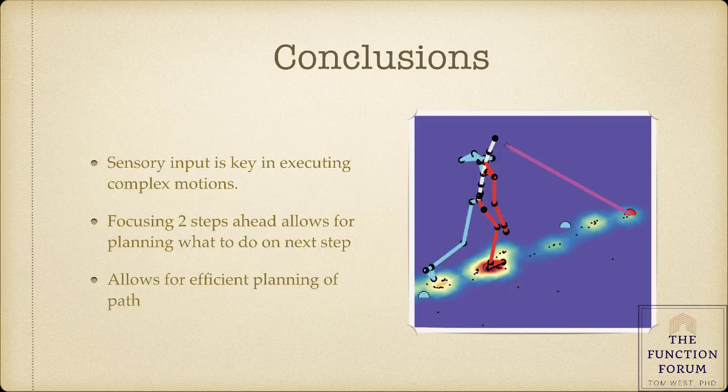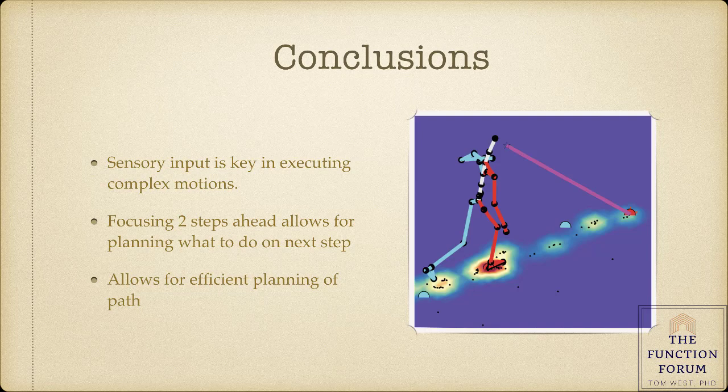So the conclusions from this article is that obviously sensory input was key in executing these walking motions. Much more important in the medium and rough terrain, less important in the flat terrain. But sensory input was used in all three conditions, and seemed to be much more important, vision especially.